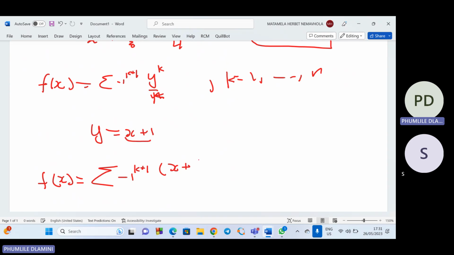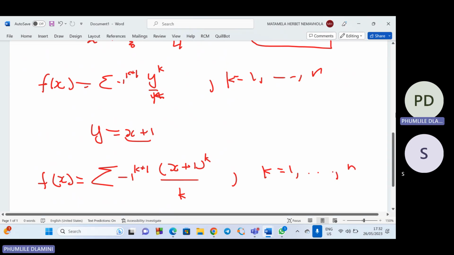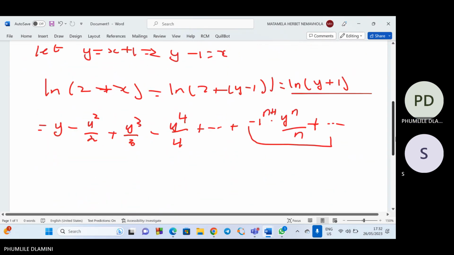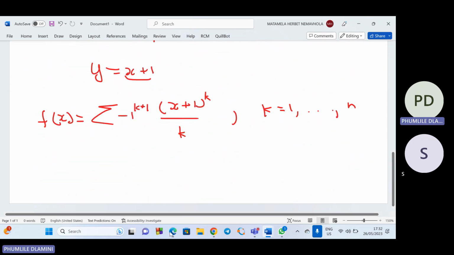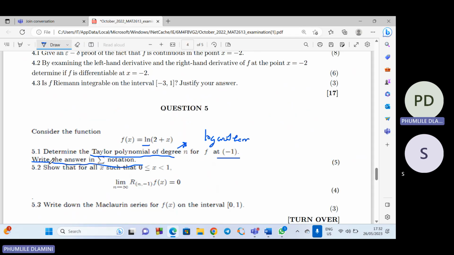We are substituting back, the back substitution, where there is k, we write k to the power k, with k equals 1 to n. So just by doing this, we just answered the question which stated to write the answer in sigma notation. So everything that we did there is 5 marks.